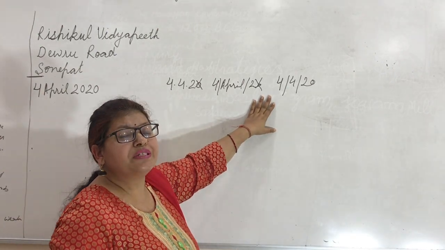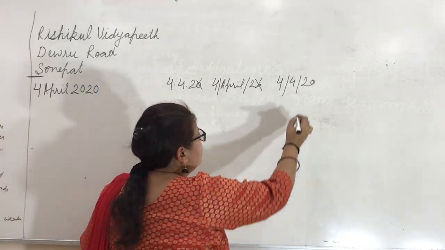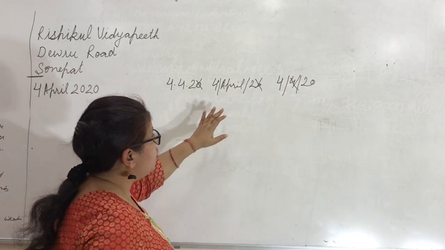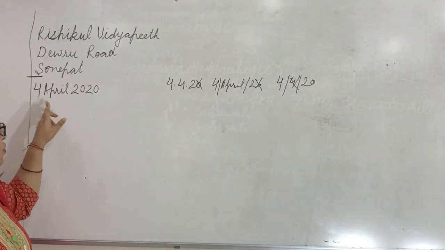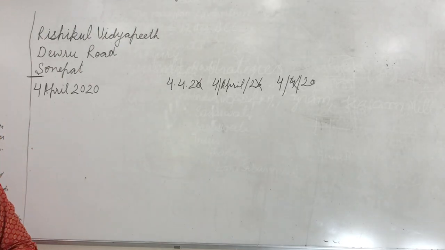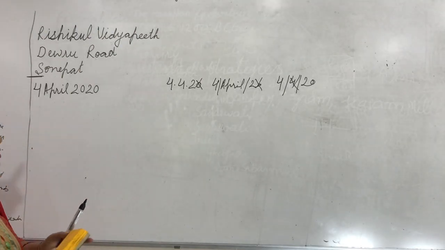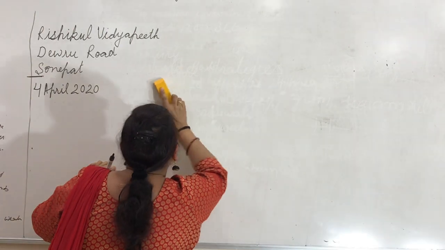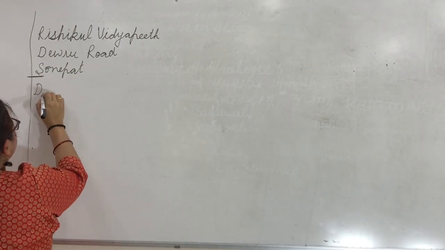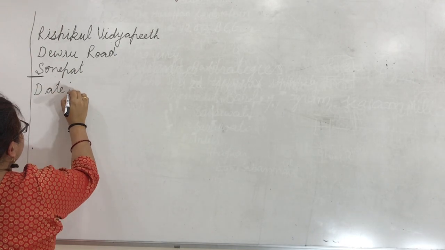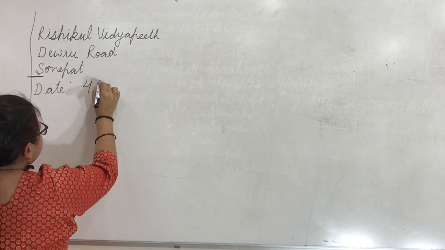Again, this is not a standard format. You should avoid this also. So what is the correct way? The correct way is 4 April 2020. Sometimes children write DATE and then they write the date.